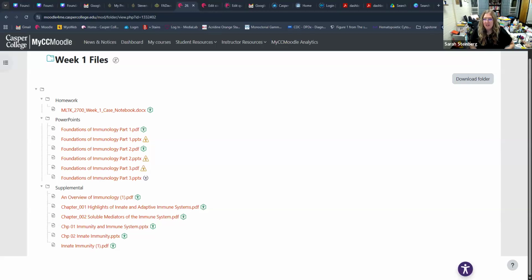This case notebook is what I'm calling it. And these are going to be before you start that lesson. So after that concept check, you're going to go through everything that you know so far from your reading and the lecture videos, and it's also designed to help guide that reading and those lecture videos as well.